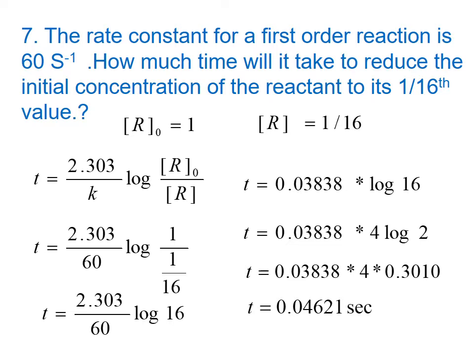In the equation, we write R0 for the initial concentration, and instead of R we write R0 by 16. Then R0 will cancel, and we get log 16. Like that also we can do this calculation, either in terms of R0 or by using initial concentration equal to 1 molar. Both methods are correct.